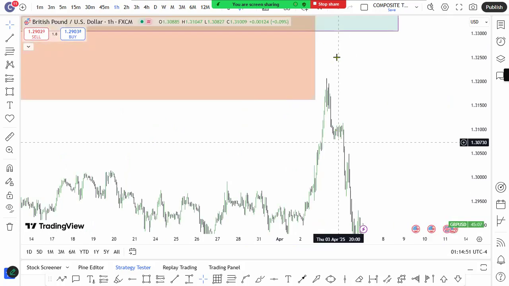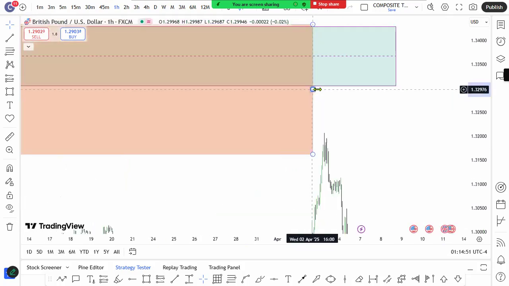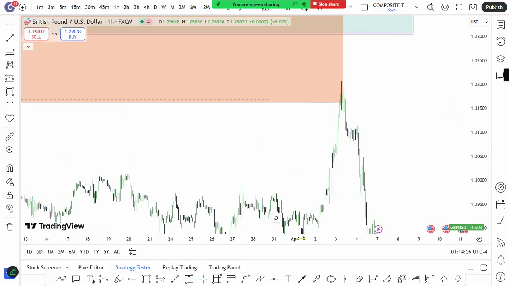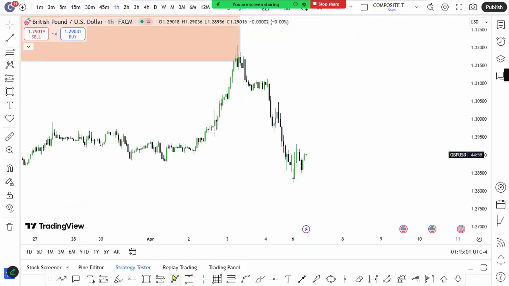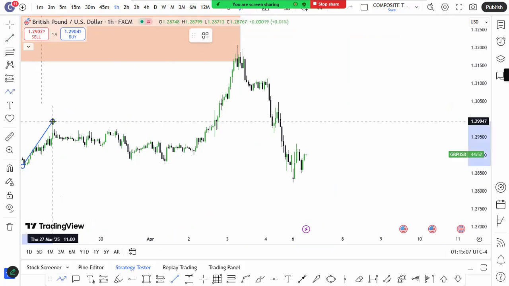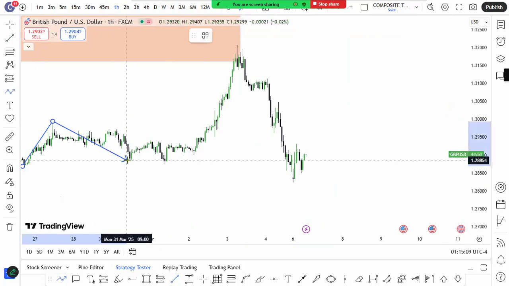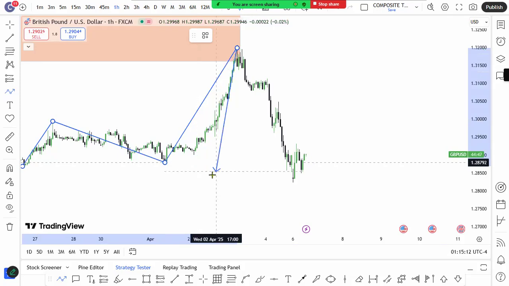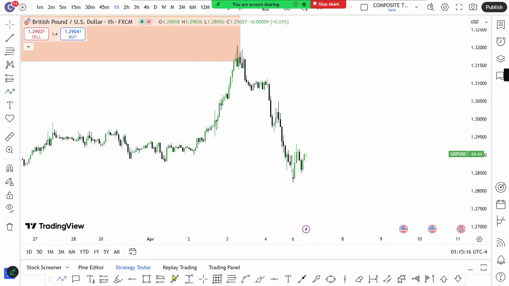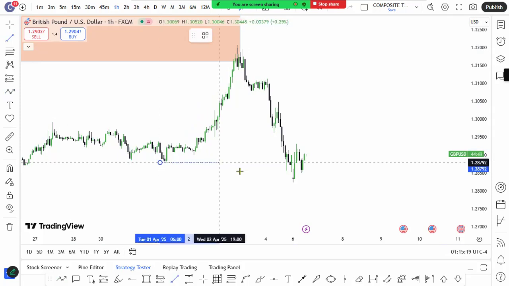Now, zoom in like that to the mitigation of our high time frame supply zone. This is the major low. Look at this structure. The low, price went up, price broke this, this is the main low being broken. That's when you get our change of character.